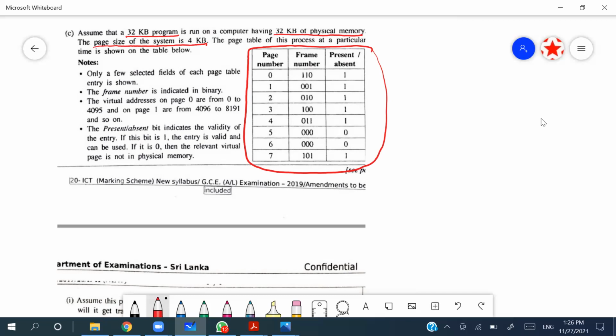The present-absent bit indicates the validity of the entry. If this bit is 1, the entry is valid and can be used. If it is 0, then the relevant virtual page is not in physical memory, right?